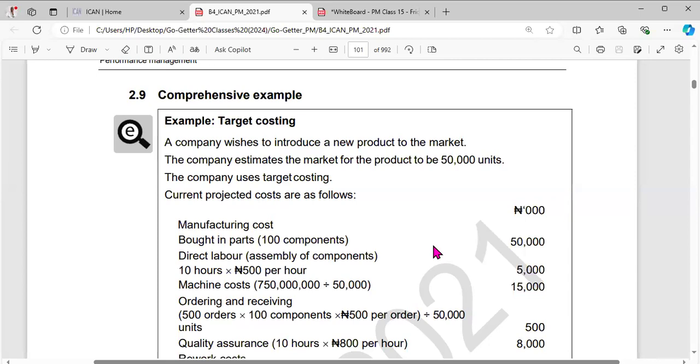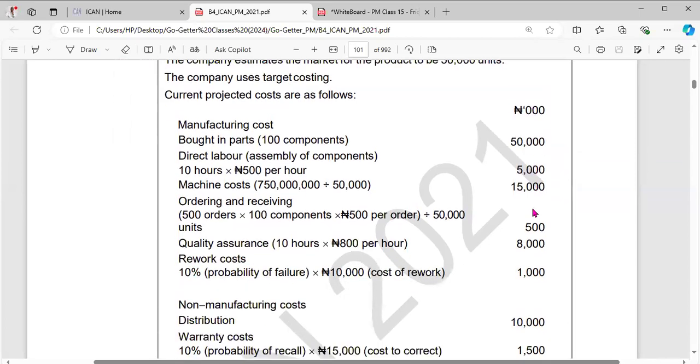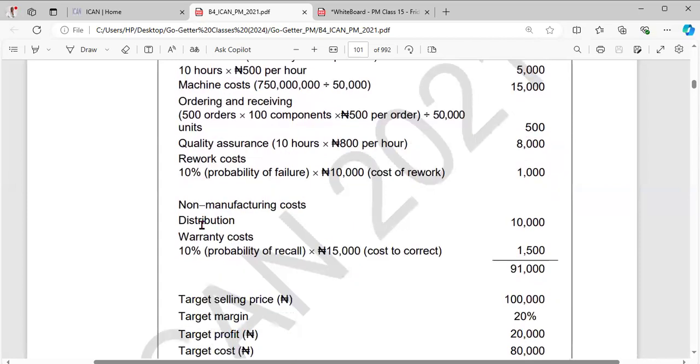Now, the current projected costs are as follows. So these are the costs that you'll be using for building up the estimated cost. Then we have non-manufacturing costs, others.